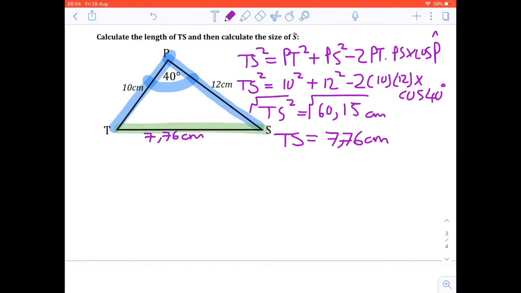Then they're asking to calculate the size of angle S. The way that I'm going to calculate the size of angle S is cos rule. You can use sine rule because we do have side TS, which is opposite angle P, which we know, and we're working out angle S, which is opposite another known side of PT. So you can use sine rule, but you can also use cos rule because we have all the relevant pieces.